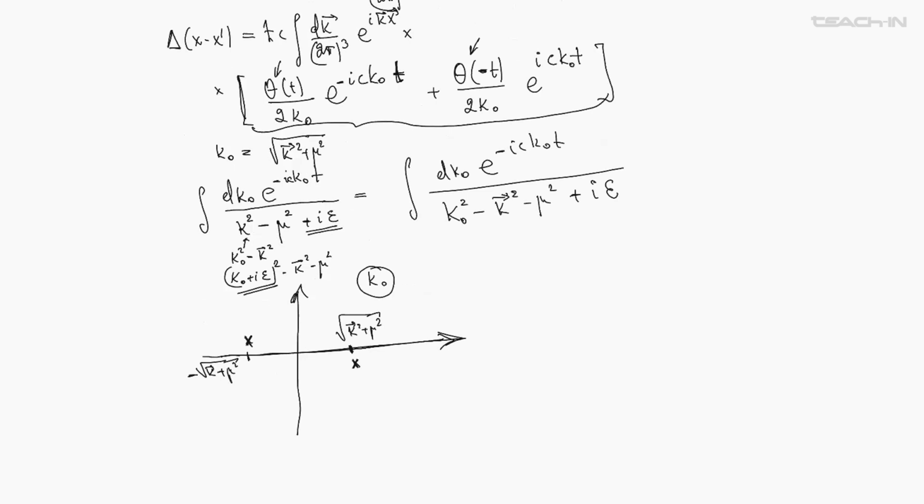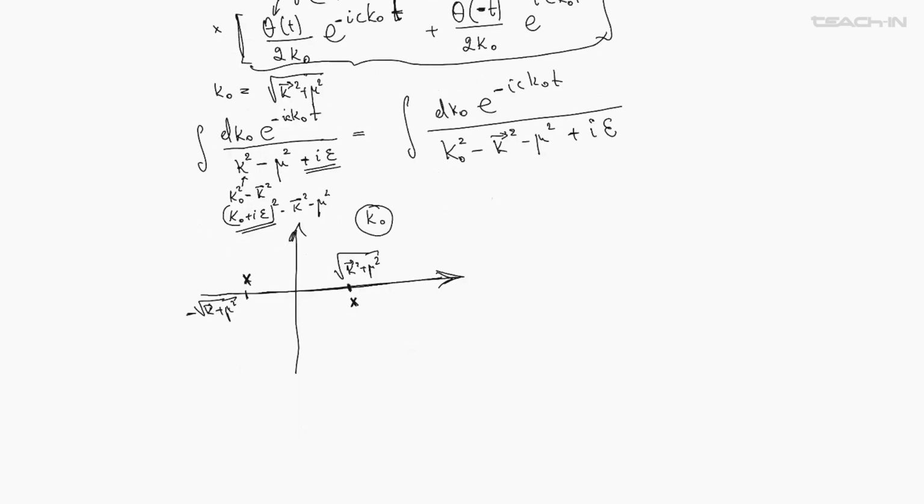This is exactly what is accounted for by now adding I epsilon in the way I did it. So in the first case, we have to consider, just like we did before, the situation where we choose t bigger than 0.